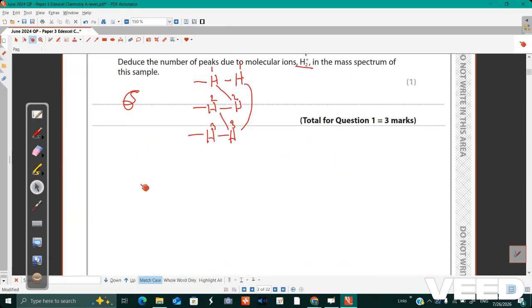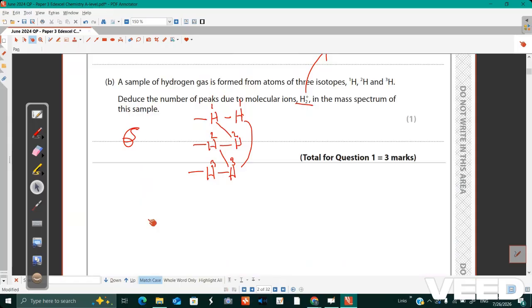Right. Yes, so for this question, how many did you get? How many you got? You got five. Okay. What about six ones? You can have six combinations, right? Why not? Why can't you have six?